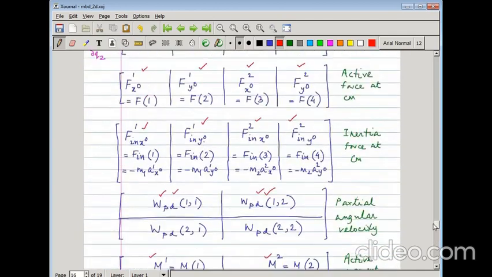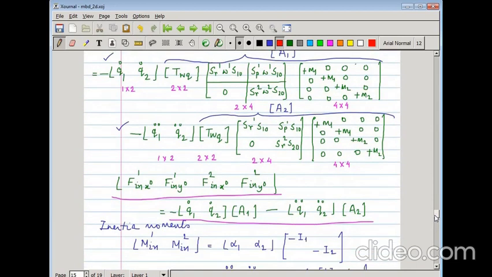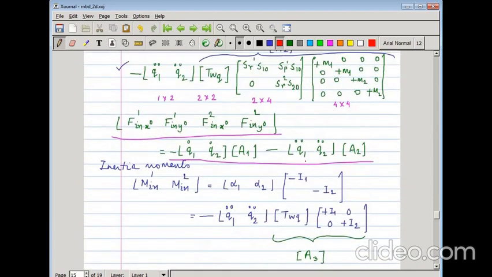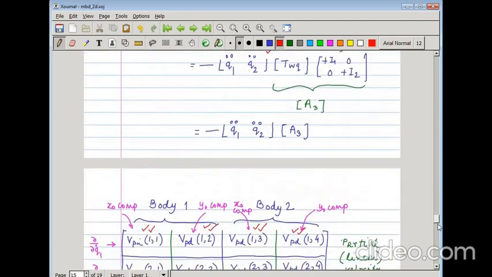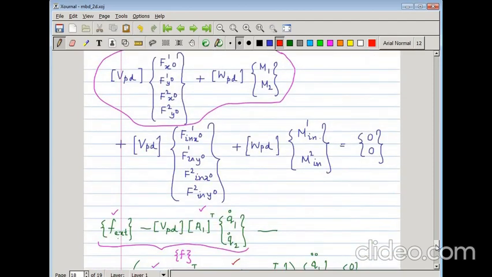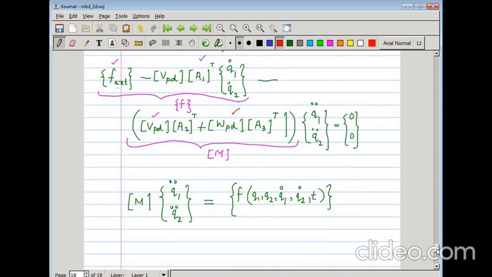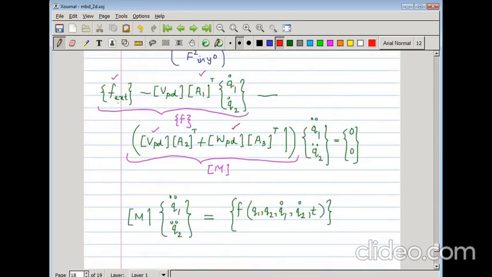Okay, so let us have a look again. So this is the first term in the linear acceleration, second term in the linear acceleration, and the single term in angular acceleration, or angular inertia force, you may say, inertia moment rather.